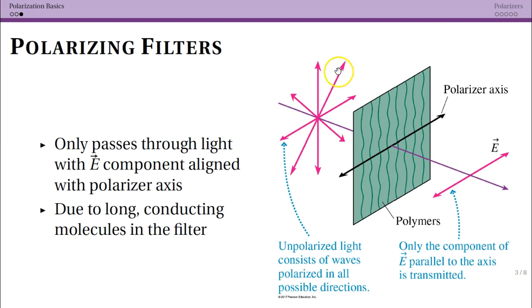So this is how we imagine our unpolarized light. It has electric field vectors in lots of different directions. It's a sum of many different waves that have different orientations. But after it's passed through the polarizer, it has only let through the components that align with the axis.